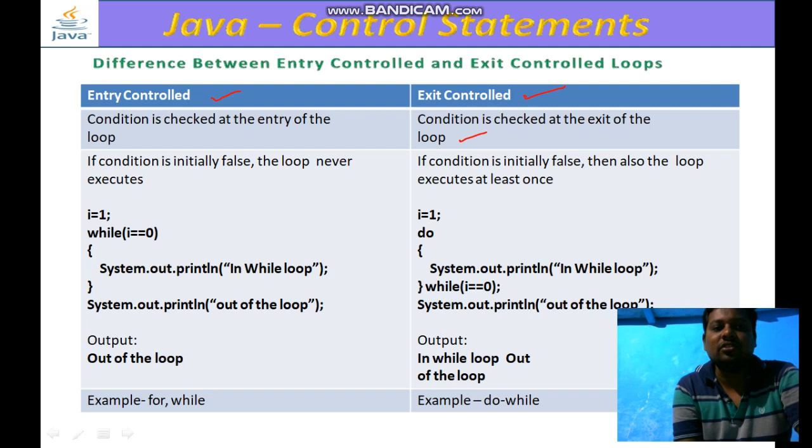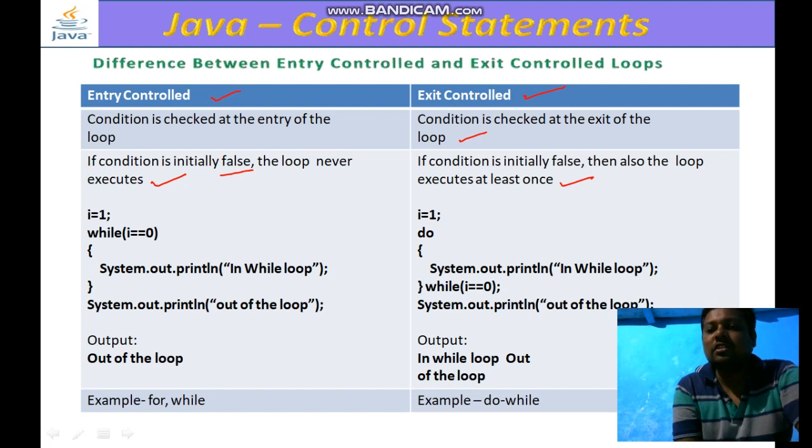In an entry control loop, when the condition is initially false, the loop never executes. In an exit control loop, if the condition is initially false, the loop will execute at least once, because the condition is at the end of the body of the loop.